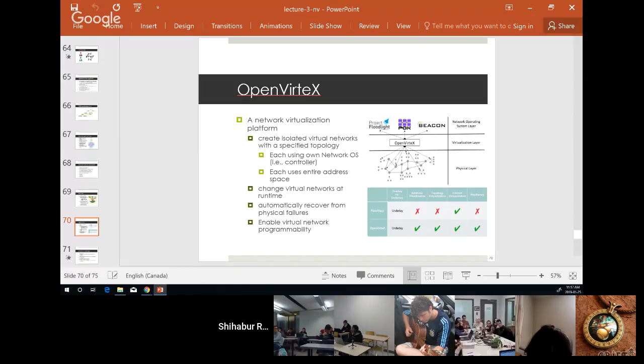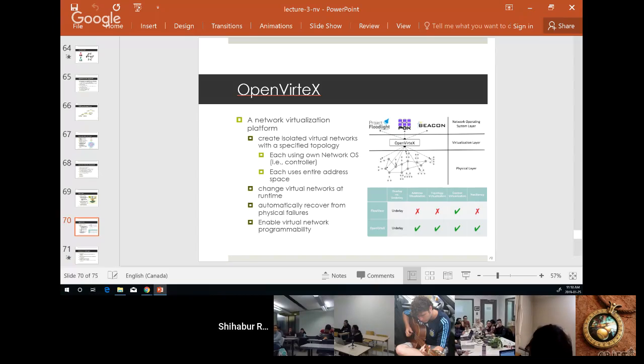Okay. So in FlowVisor, you partition the flow space, and you say, any packet that is, for example, with this address or port number, that's the address space, will be handled by a particular controller, right? Do you agree? I don't understand why OpenVirtex can virtualize the address space. No, OpenVirtex does not partition the flow space or the address space. I'm talking about FlowVisor.